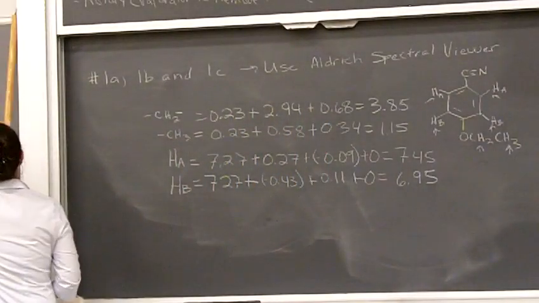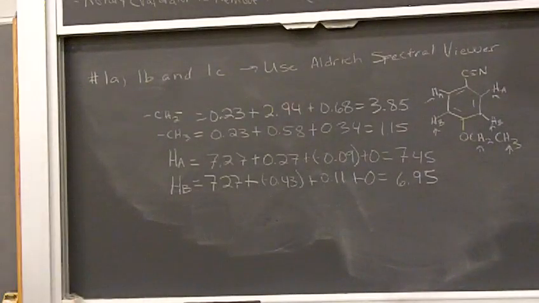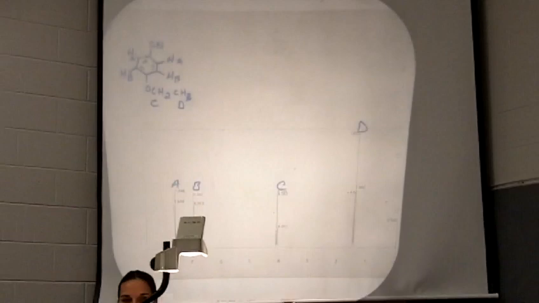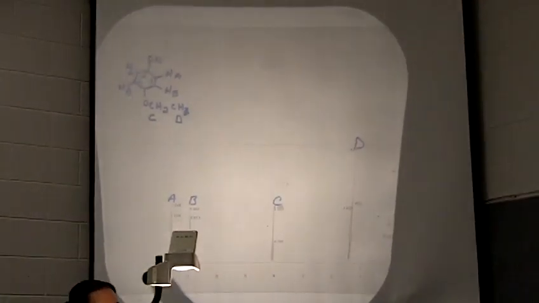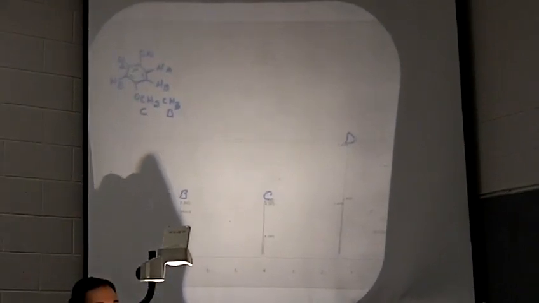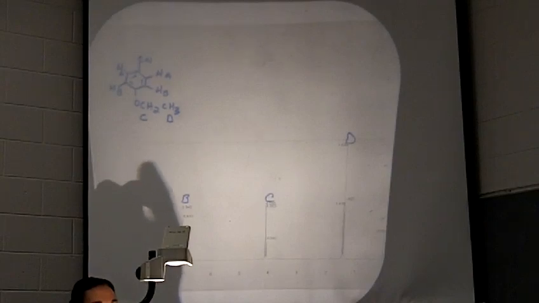Okay, so let's look at a spectrum just to compare our calculations versus what actually is there. So this is the spectrum for the ethoxybenzonitrile. For the aromatic protons, we had HA, we were calculating it to be about 7.45, and it's about 7.548.